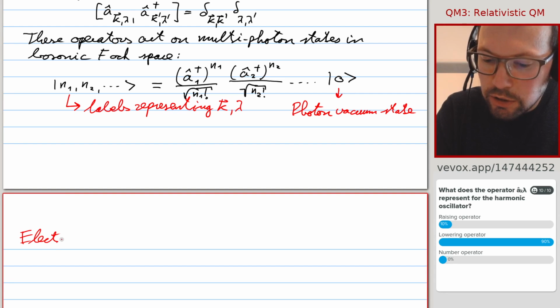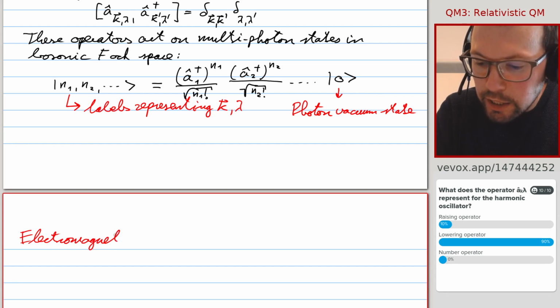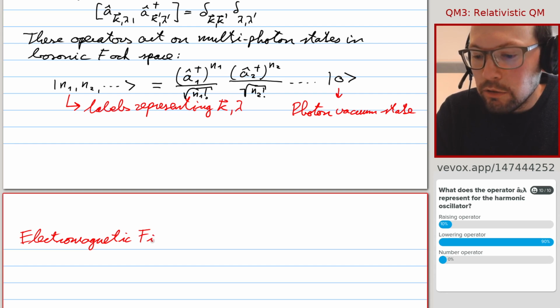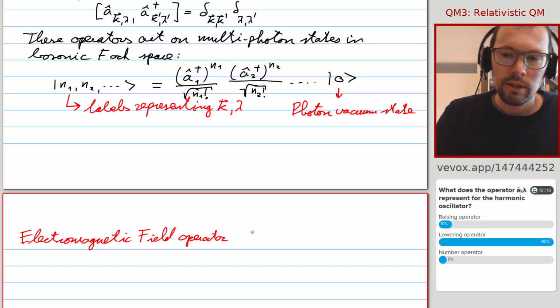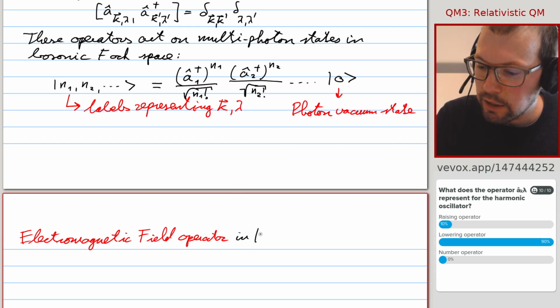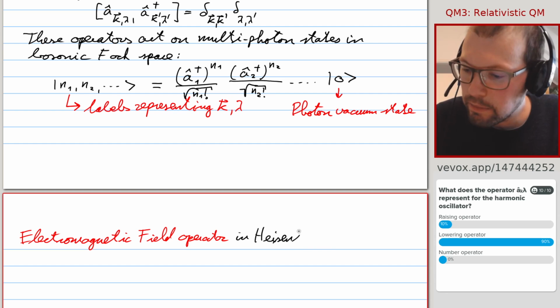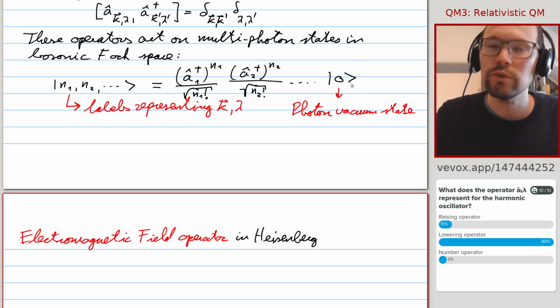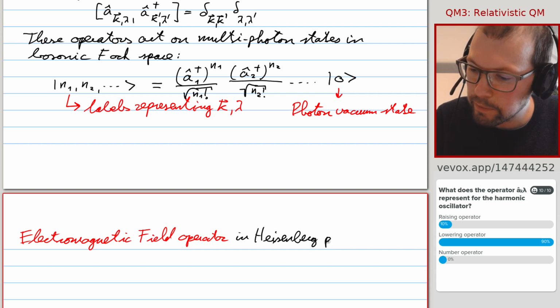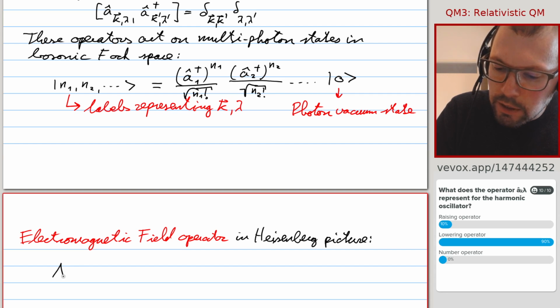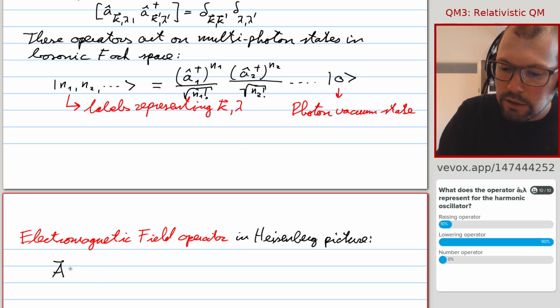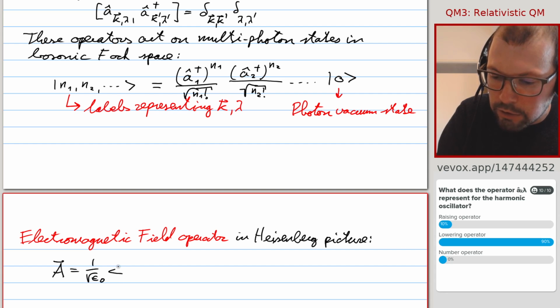So the electromagnetic field operator, let's say in the Heisenberg picture, so it's an operator that depends on time, and the state is assumed not to depend on time. This is the most convenient picture. In that case, let me just copy the formula that I had before quickly.